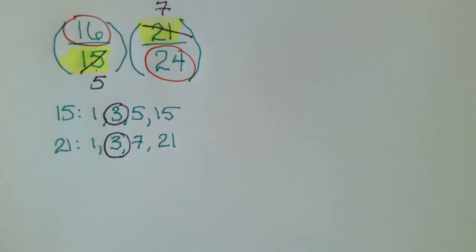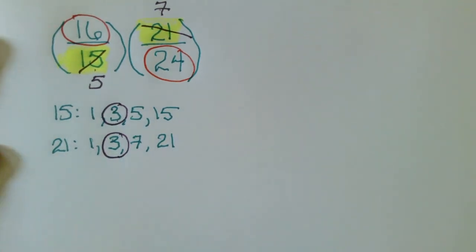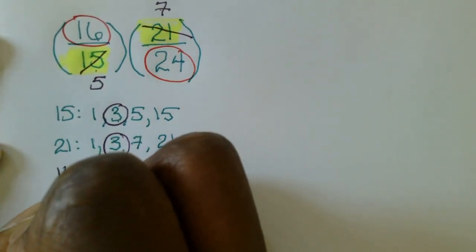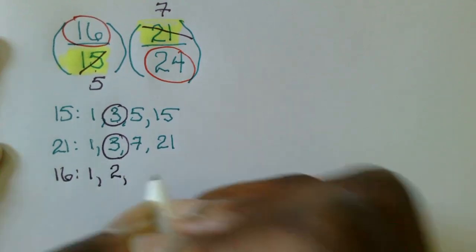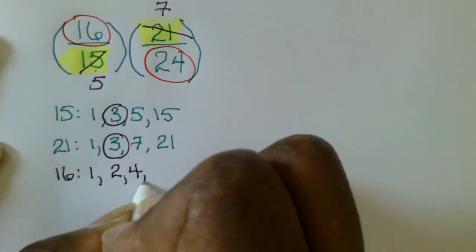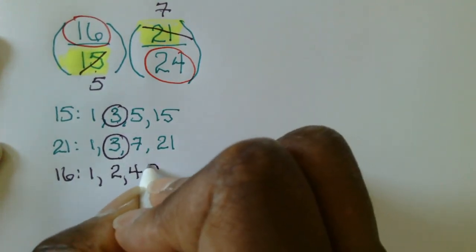okay, well let's take a look. So, where would we find our 16s? I will find 16 in the 1 times table, the 2s, the 4s, the 8s.